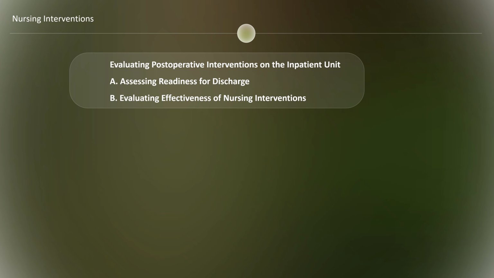For instance, a patient who cannot tolerate fluids or manage pain should not be discharged yet, so will just be moved to a different department. Then evaluate the effectiveness of nursing interventions and think: did the patient ambulate as planned? Is the pain well managed without excessive sedation?